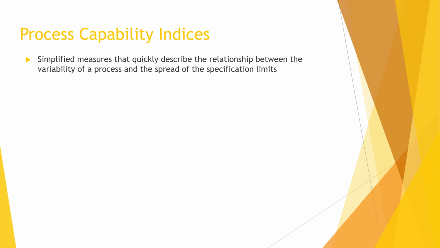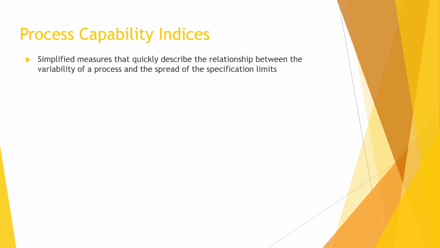Process capability indices. These are simplified measures that quickly describe the relationship between variability of a process and the spread of the specification limits.